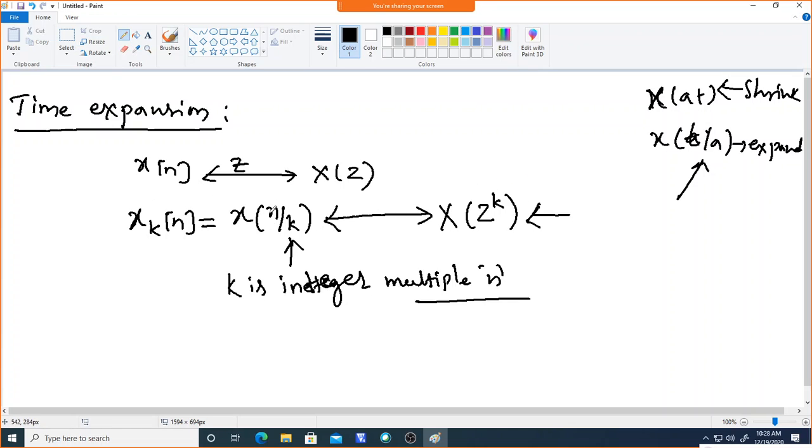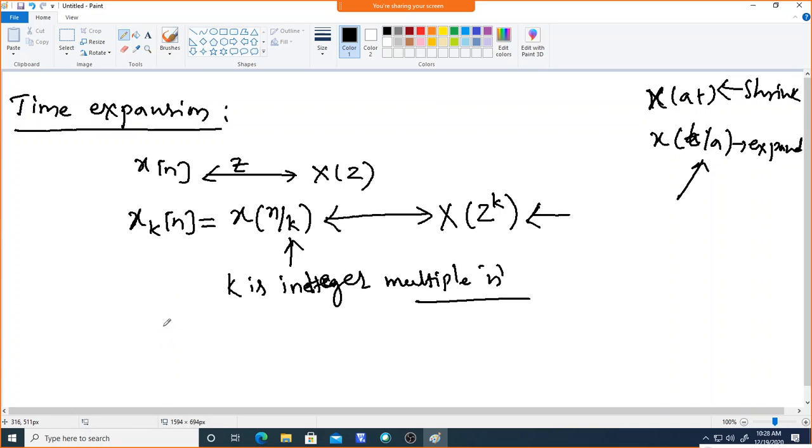If you properly scale with integer multiples of n in the time domain, you get correspondingly the z transform x of z power k. Otherwise, with non-integer multiples, you will get a z transform that is not properly sampled.